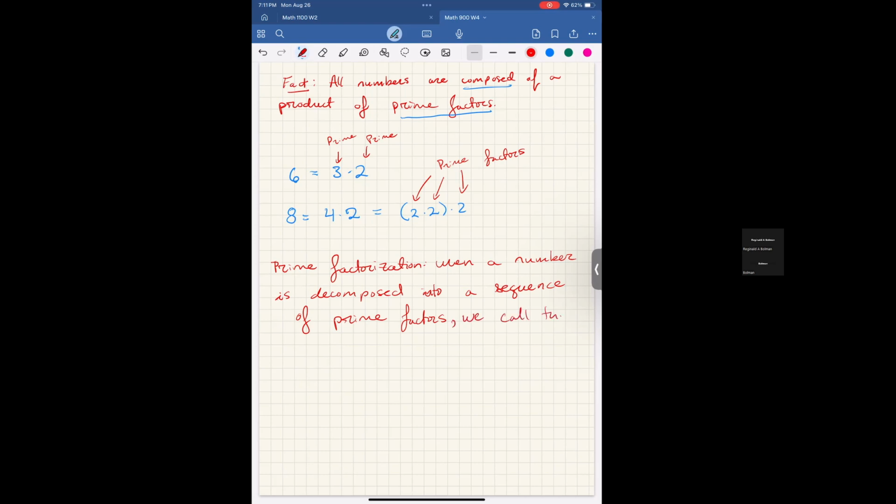Call this process or the result prime factorization.